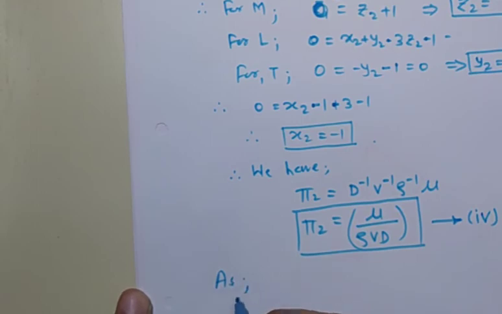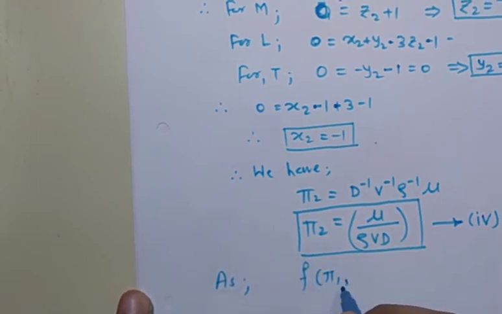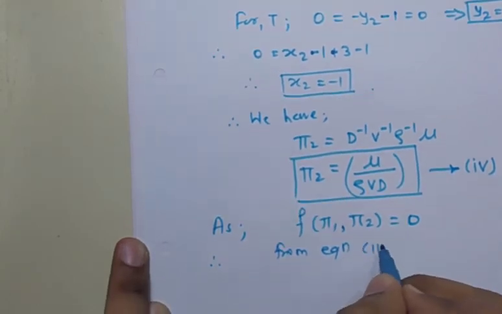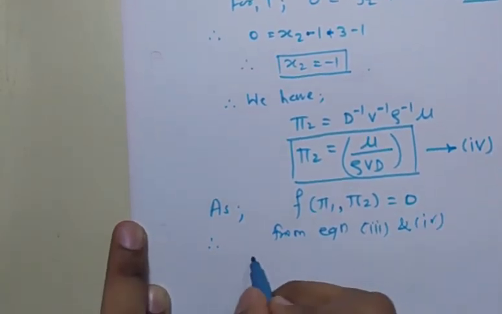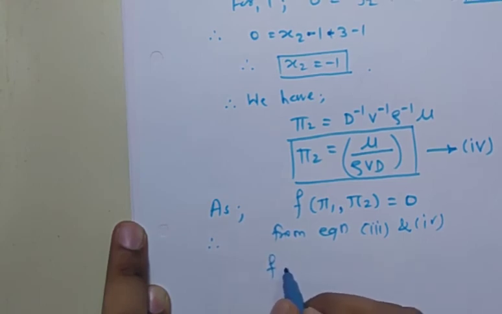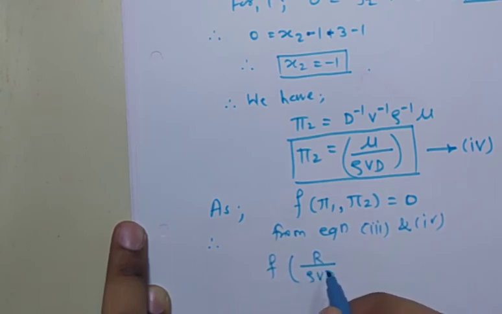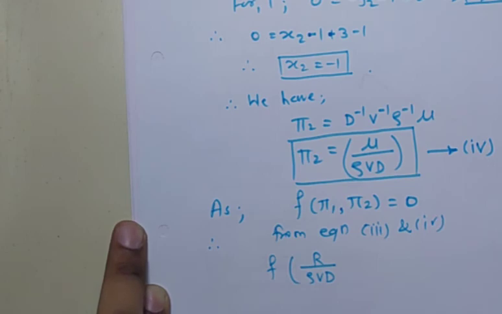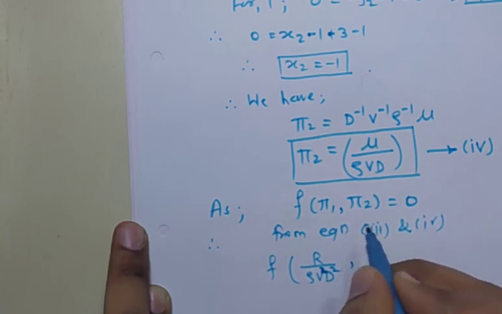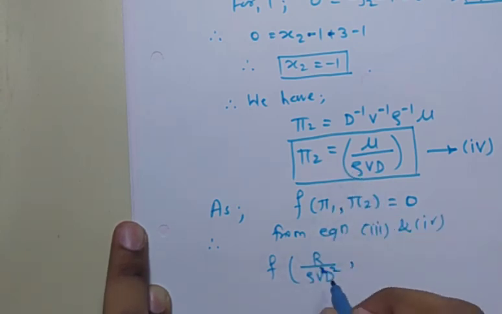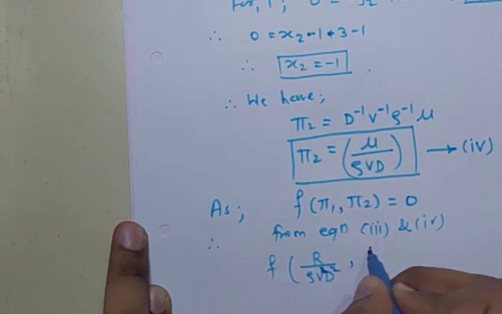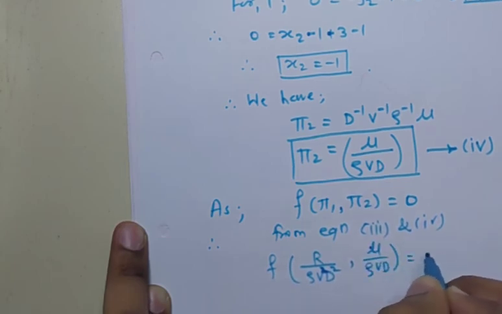So as we have functional relationship for pi terms as f of pi 1 comma pi 2 is equal to 0. So therefore from equations 3 and 4 we have functional relationship as f of R upon rho V square D square comma mu upon rho V D equals to 0.